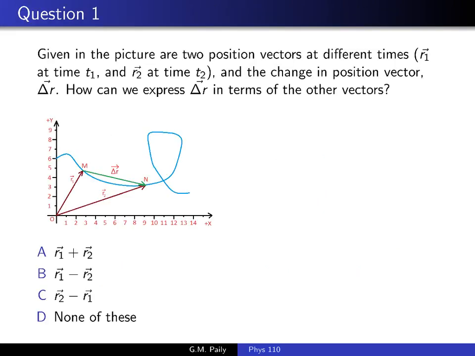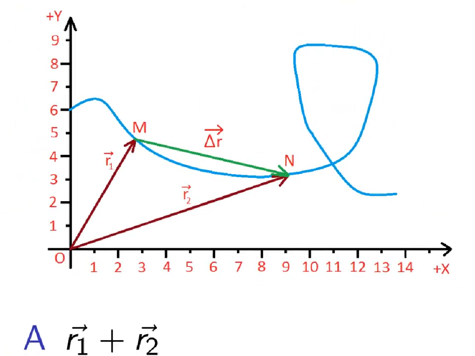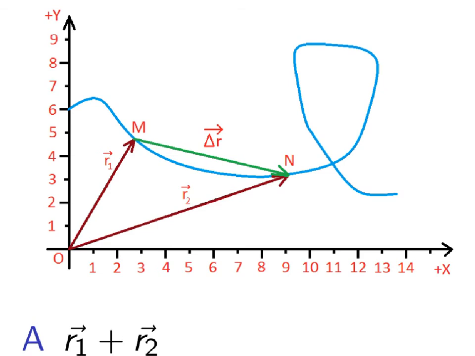Here is a question. The question relates these three vectors: vector r1, vector r2, and this vector delta r. And the question basically asks, if I want to write delta r in terms of r1 and r2, what is the expression I need?